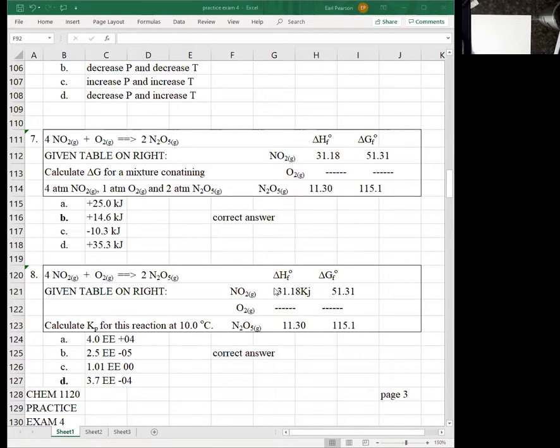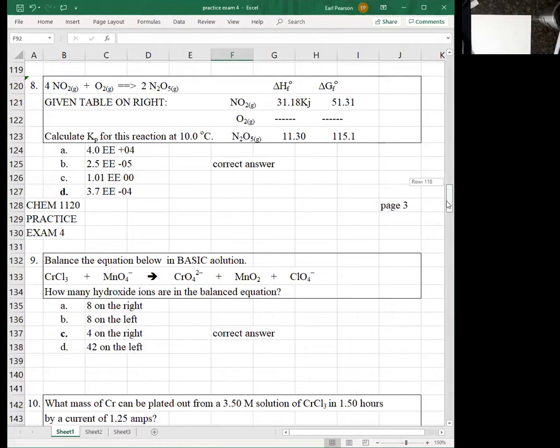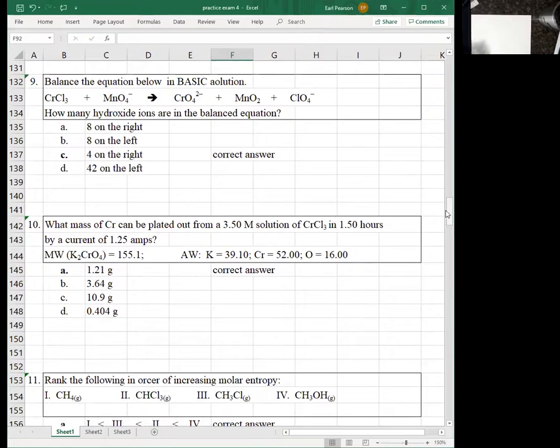Okay, all right. Let's look at the next one. Maybe this will go a little smoother. Okay, this is a balanced equation.